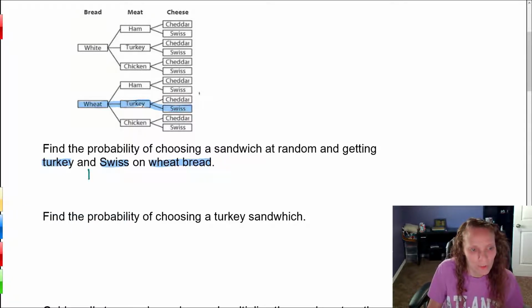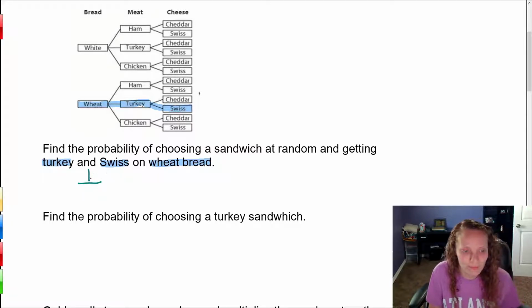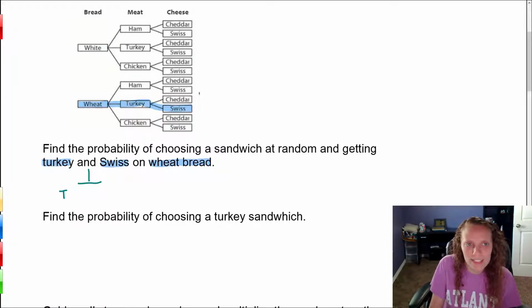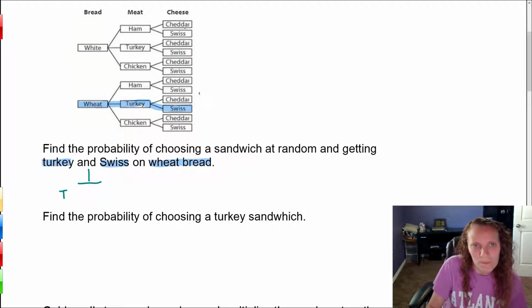So since there's only one route, that's going to be our top number in our fraction. And then the bottom number, remember, is always the total. So we need to know how many different total sandwiches are offered here. Well, we have white, ham, and cheddar, that's one. White, ham, and Swiss, that's the second one. White, turkey, cheddar, and white, turkey, Swiss, that's two more.